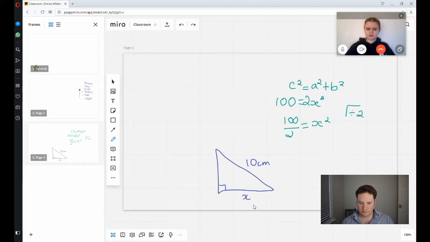Then we need to square root it, don't we?